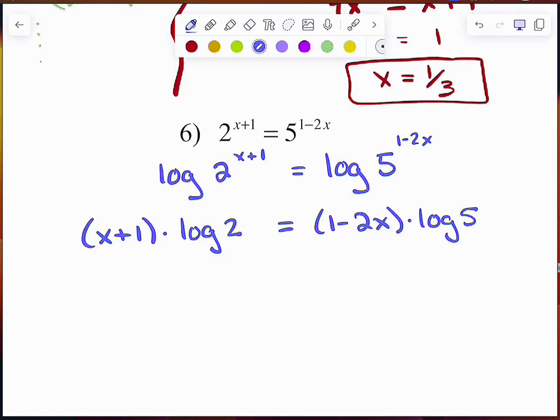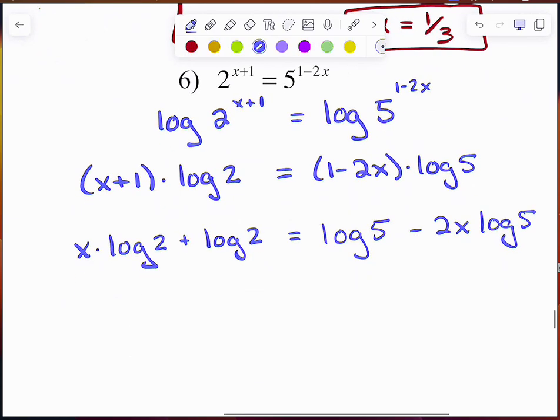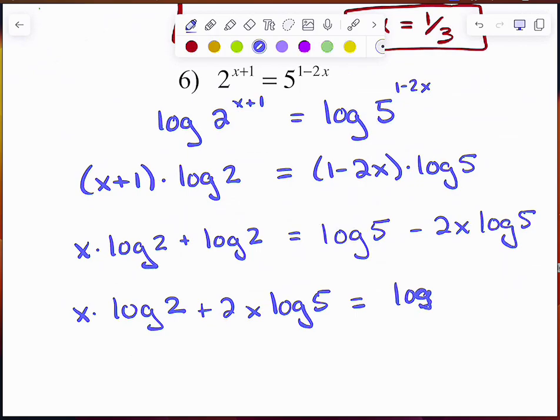So now I have to distribute. X times log of 2 plus log of 2 equals log base 10 of 5 minus 2x log 5. I need to group my x's together and my other stuff on the other side. So x times log 2 plus 2x log 5 equals log 5 minus log 2.